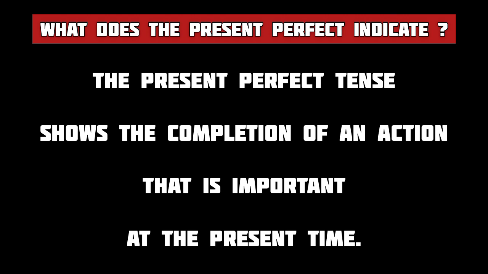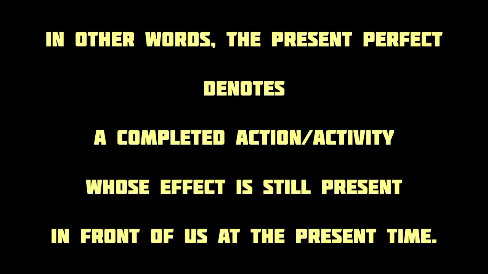The action was done in the past, but it is important at the present time. And so, we use the present tense auxiliary verbs have or has, but the past participle of the main verb in present perfect tense. In the name present perfect, perfect means completed.